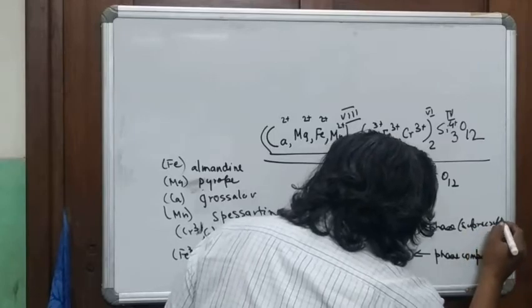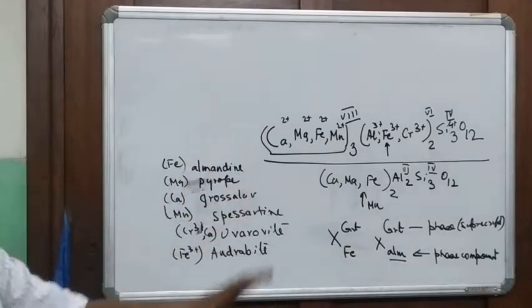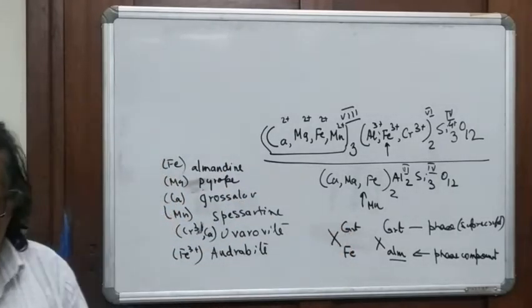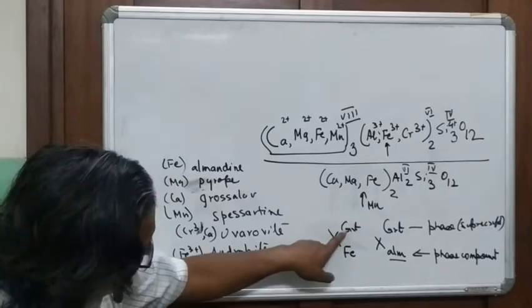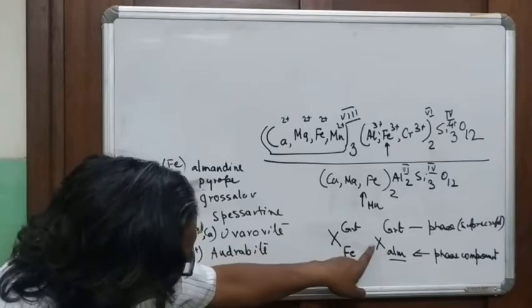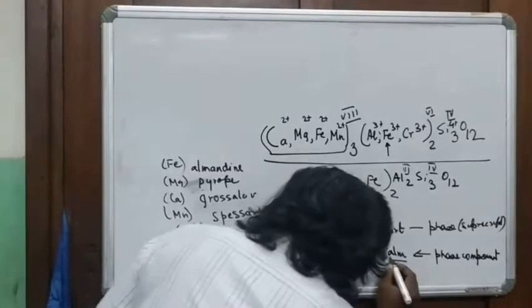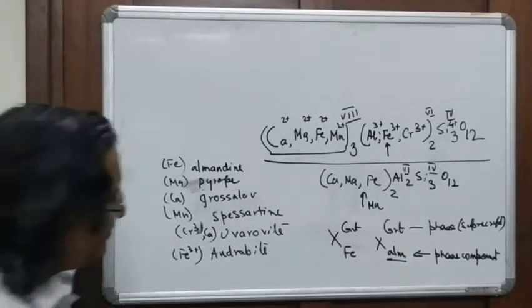This is convention. So if you write the mole fraction of iron in garnet, that means the mole fraction of iron in garnet, or you could write the mole fraction of almandine in garnet. Now look at this. The a is in lowercase, small a.